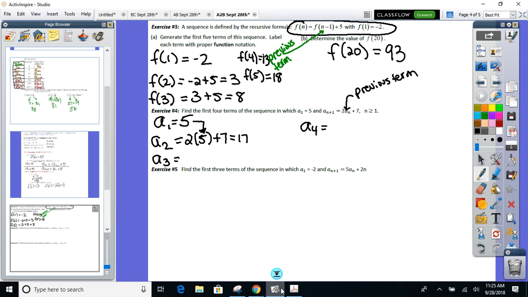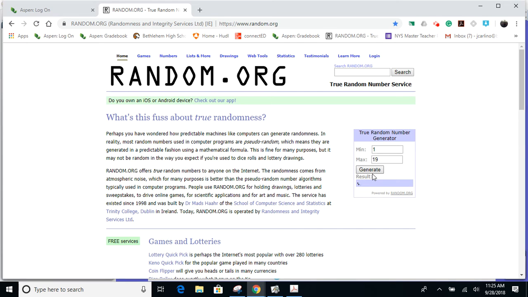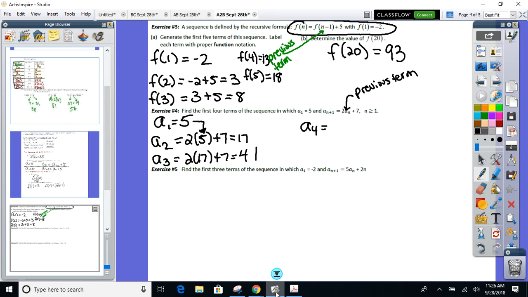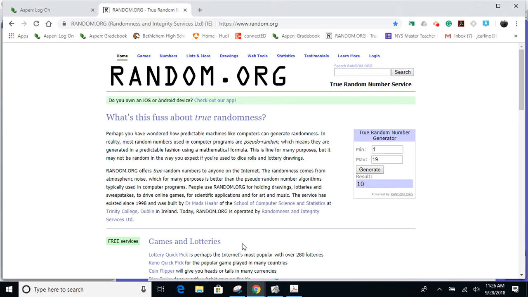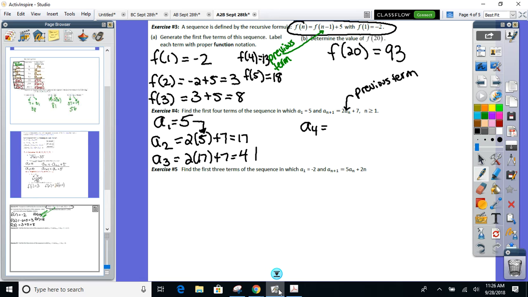How'd you get 26? Two times 17 is already 34, right? 41, yep. And then how about my fourth term here? Fourth term. How about my fourth term? 89. Should have just stuck with the AJ, right? 89.